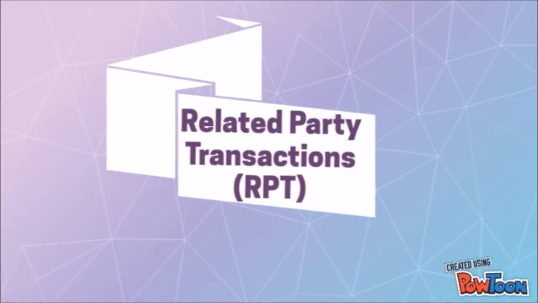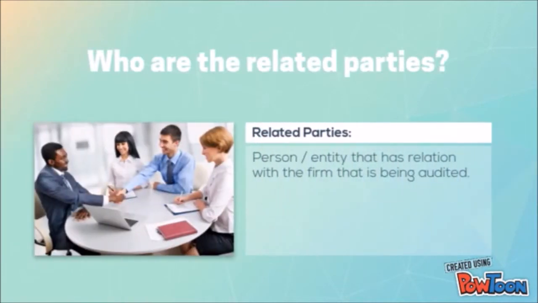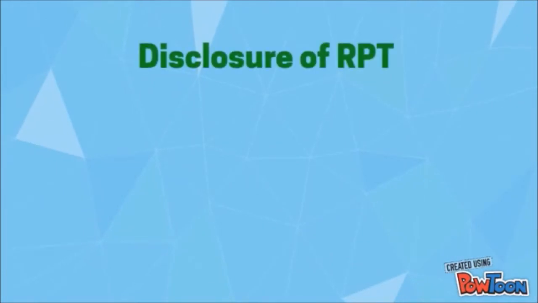Next is related party transactions. What are related party transactions? It is a transaction made between related parties, either with or without any payment made. The transactions are regarding the transfer of resources, services or obligations. Who are the related parties? A related party can be an individual or an entity that has connections with the firm being audited. Disclosure of related parties in preparing the financial statements is necessary.